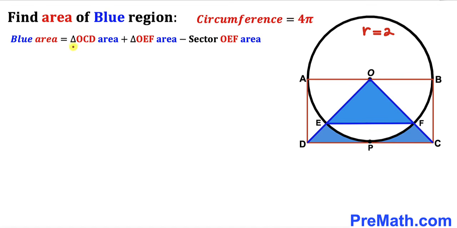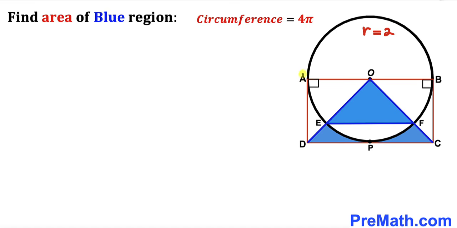So now our task is to calculate the area of this big triangle OCD, the area of this smaller triangle OEF, and the area of this sector OEF as well.